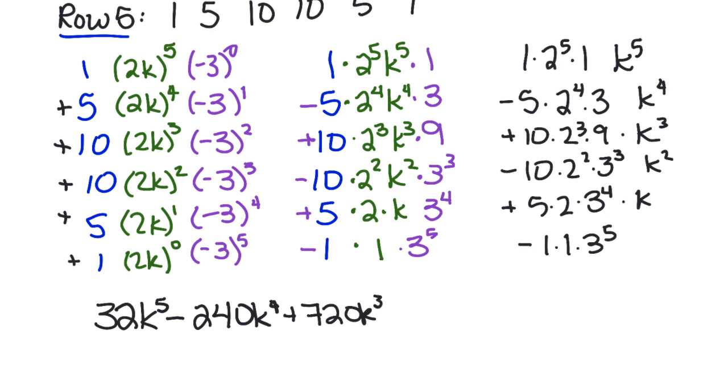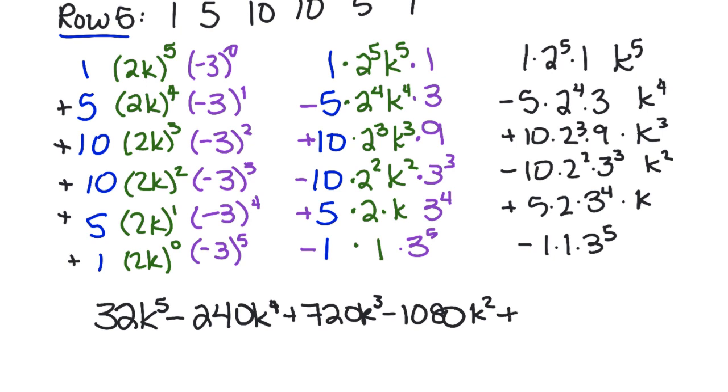And now I have a -10. That is not 10. Times 2 squared times 3 cubed. So minus 1080 k squared.